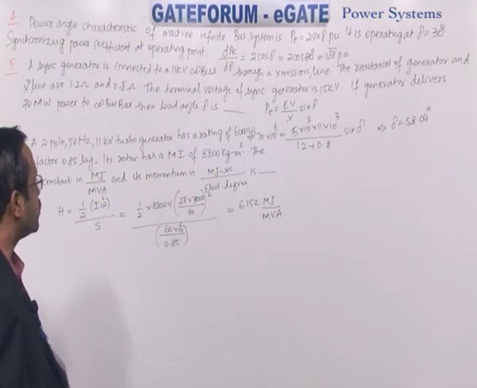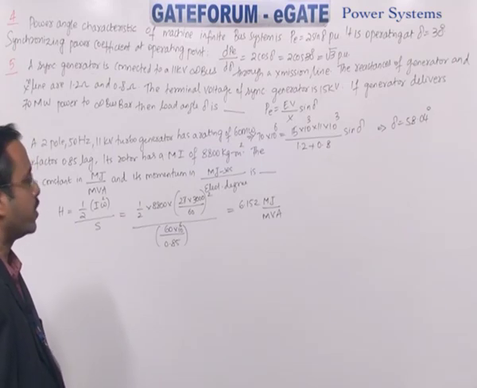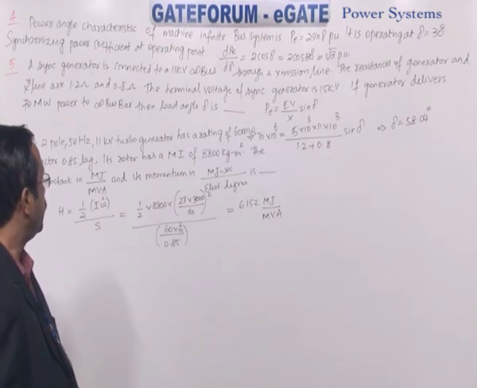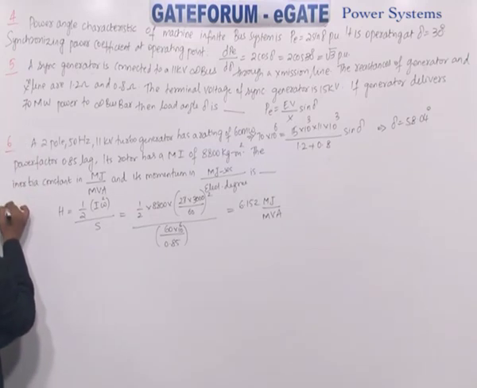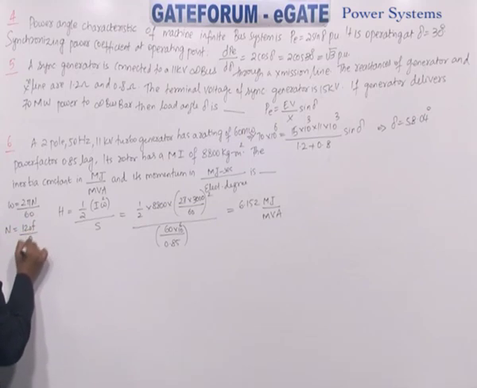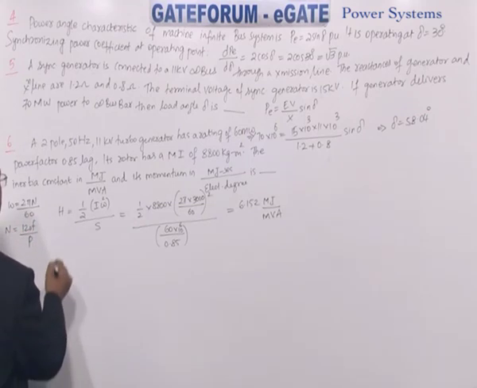In the last section we defined the inertia constant as half I omega square by S. You know omega is 2 pi F, or 2 pi n by 60, and n is 120 F by P. Now we have to find out the momentum.